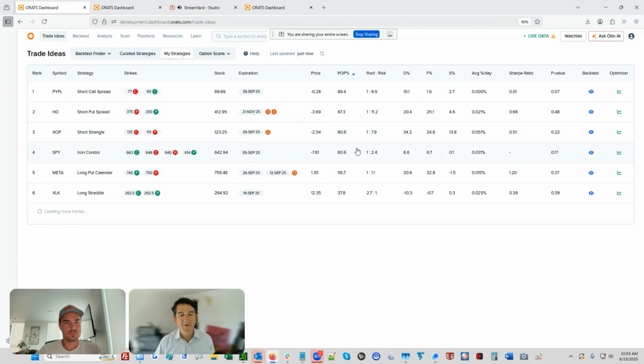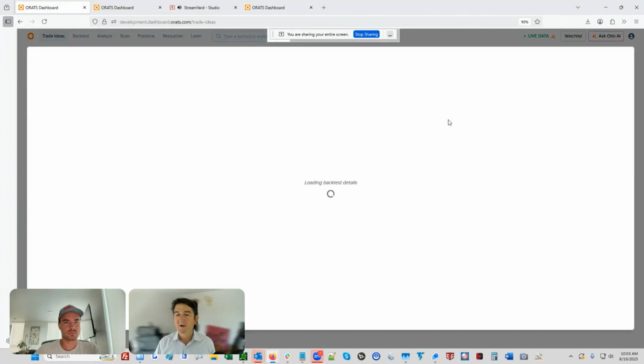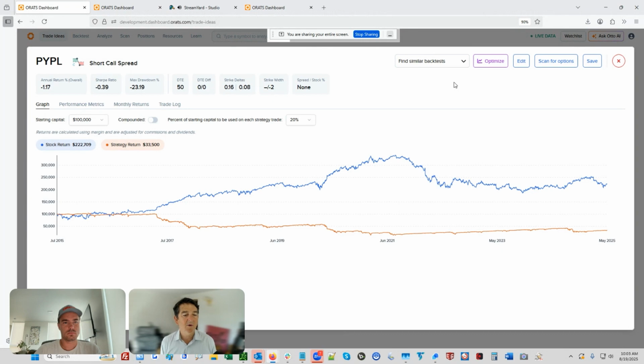So for example, I could pick, let's pick the top one. It's a short call spread. If I click on this, it will go get the original backtest that I started with. With the market going up so much since 2007, it's hard to find strategies that look good from a short perspective, like a short call spread, short deltas, or long put spreads.